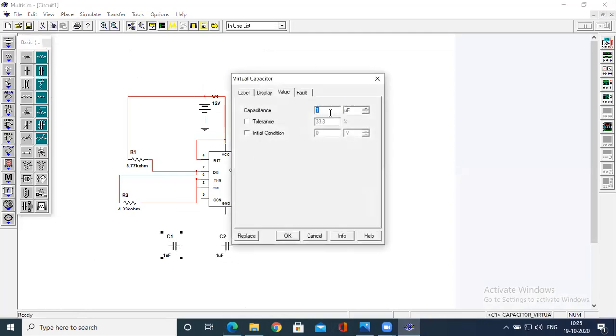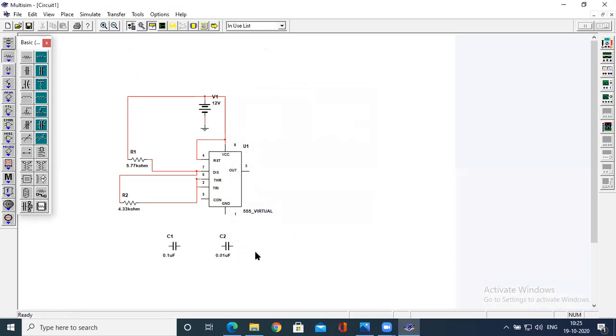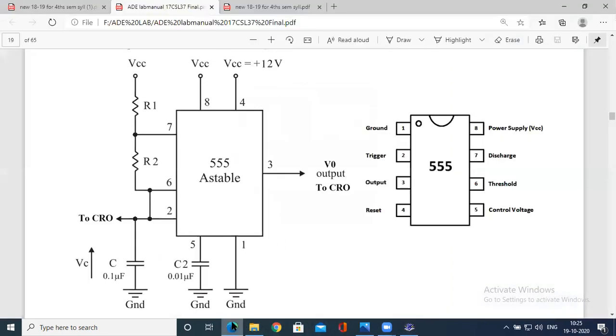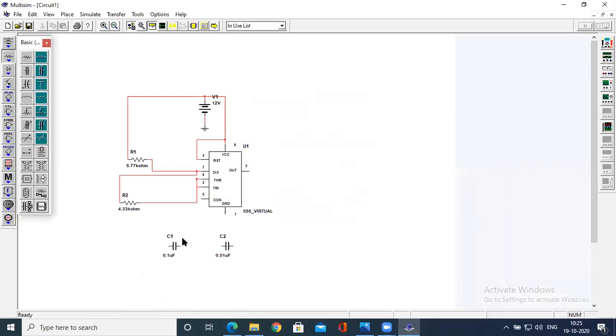We'll take this as 0.1 microfarad, and this is 0.01 microfarad. They have to be connected to pins 2 and 5. One end is connected to pin number 2, and another capacitor to pin number 5.